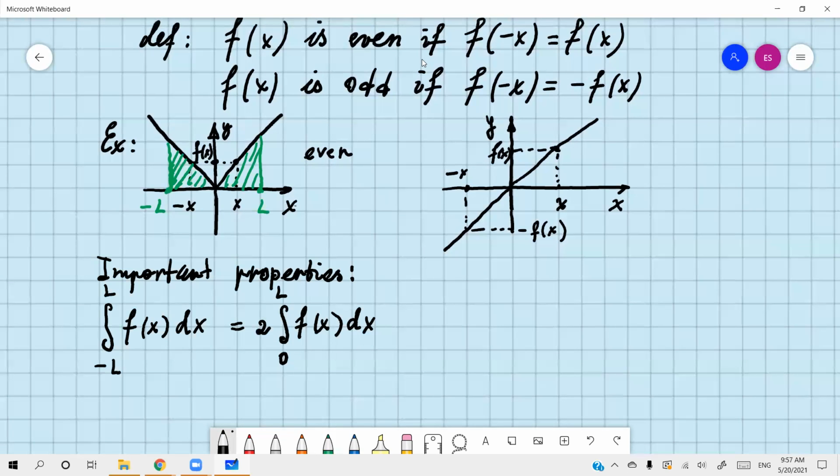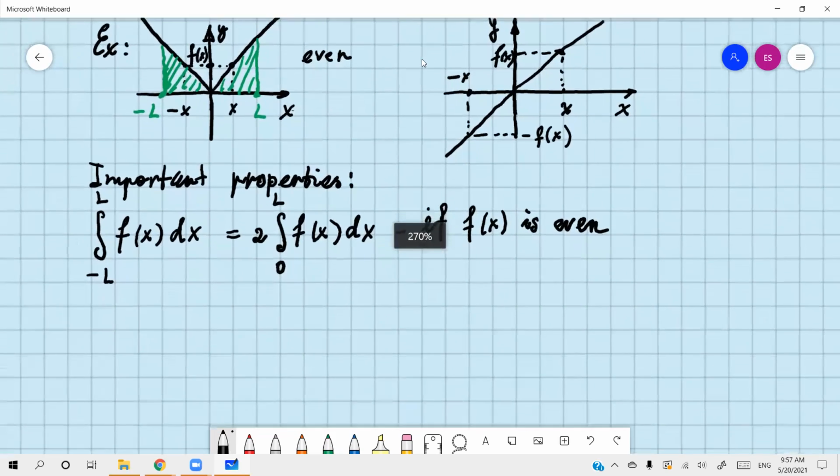How is it better? Well, guys, 0 as a limit is always good, right? Remember, you substitute 0 in most of the functions and they are zeros. Otherwise, nothing better, and you can always use the full integral. So I'm going to write down: if f of x is even, that's going to be our first property.